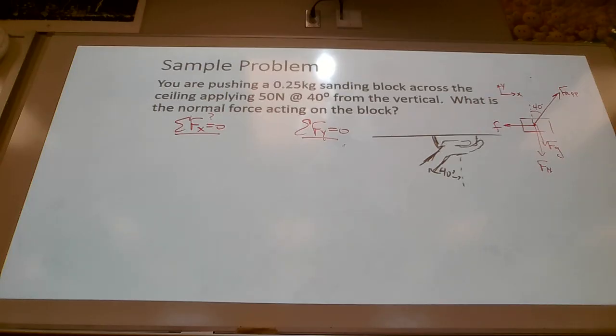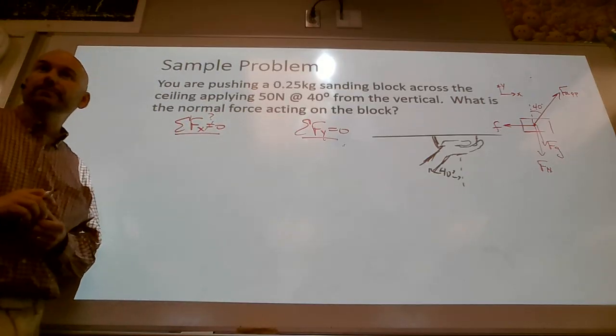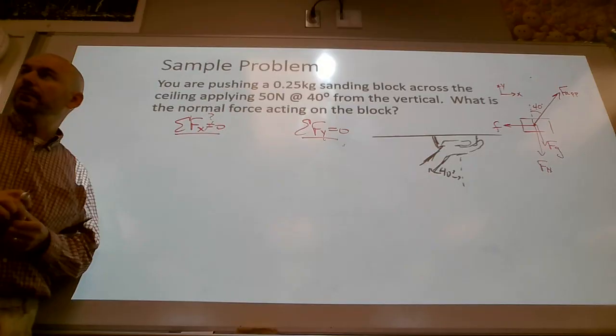That's either at rest or moving at a constant velocity. We weren't given really any details regarding it. We were just saying it's sliding across the ceiling. So if you're not sure, set it up not equal to 0, because equal to 0 is a special case.